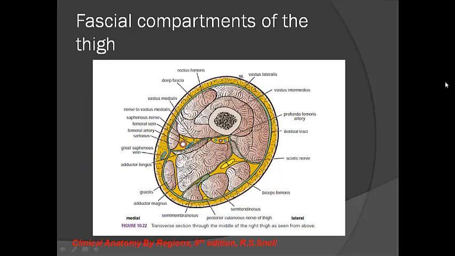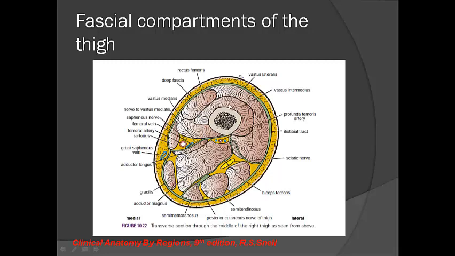Okay, now, like I mentioned earlier, the thigh is also divided into compartments, okay? What we're looking at here is a cross-section of the thigh, and you can see that this white circular structure, that's where the femur is located, so that's the bone of the thigh, okay?